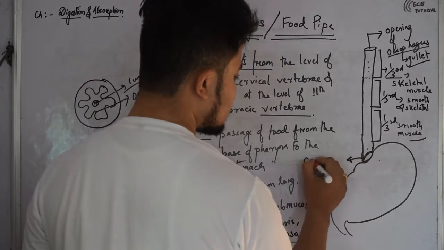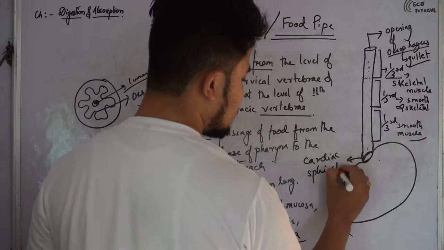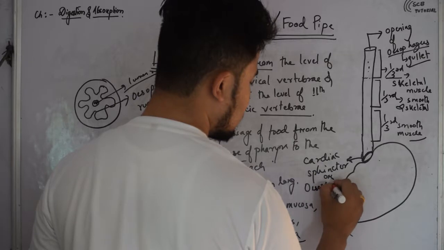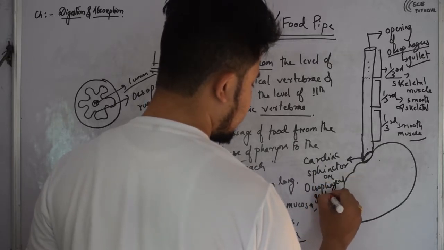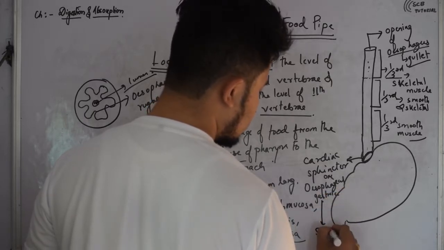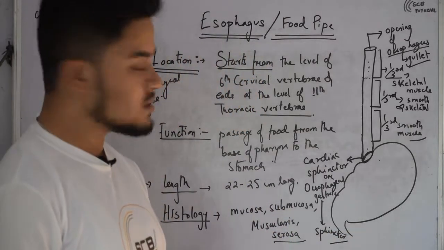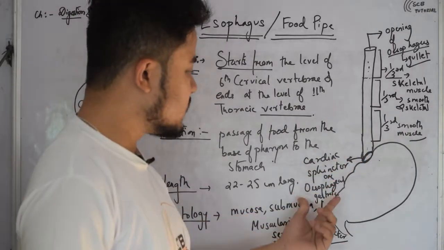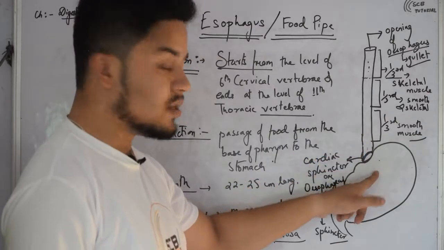This sphincter is called the cardiac sphincter, or esophageal gastric sphincter. This sphincter generally opens when the food comes to this part, and this sphincter muscle regulates the movement of the food from the esophagus to the stomach.